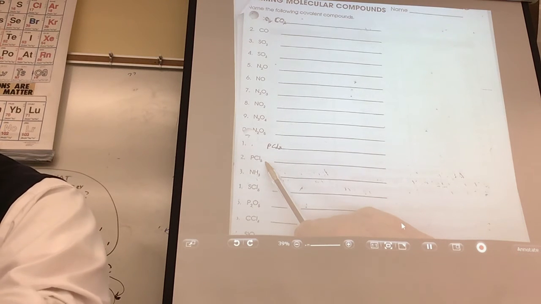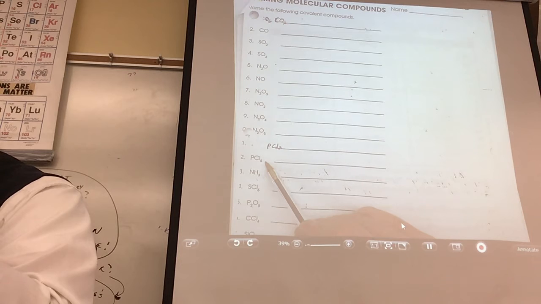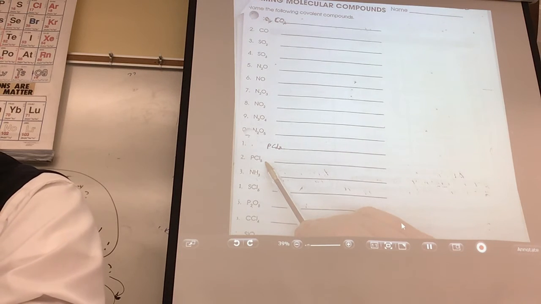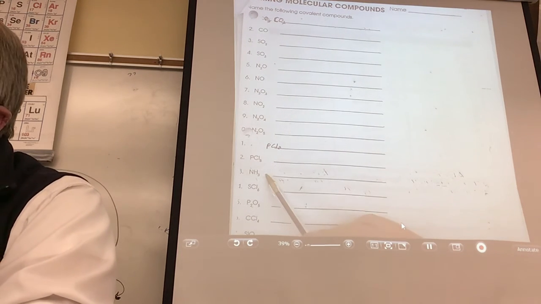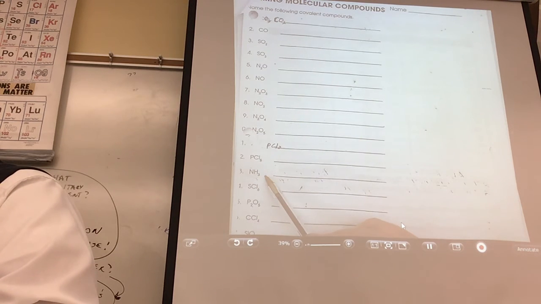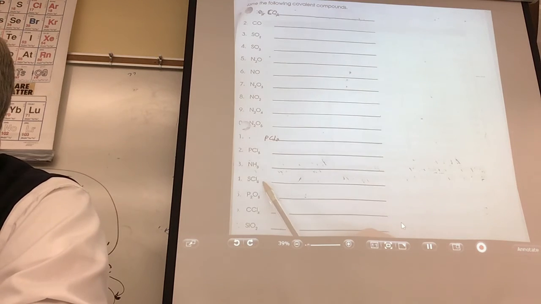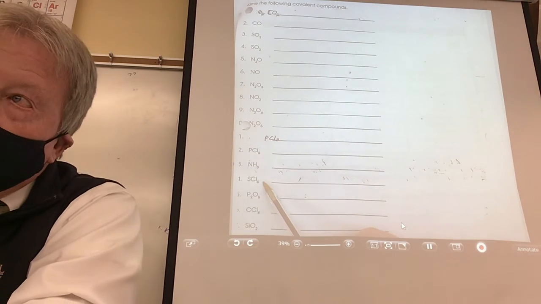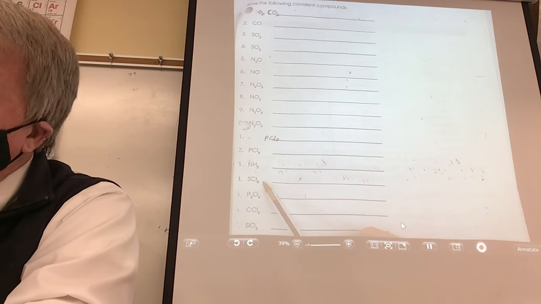There's a big building in Washington that has 5 sides in it. That's where all the generals are. Pentachloride. Go. Trihydride. Okay, next. That's it. Go.